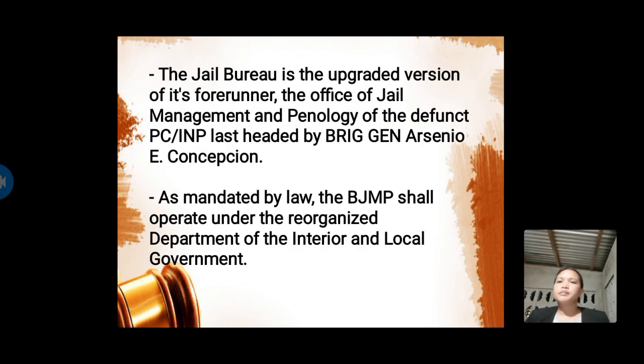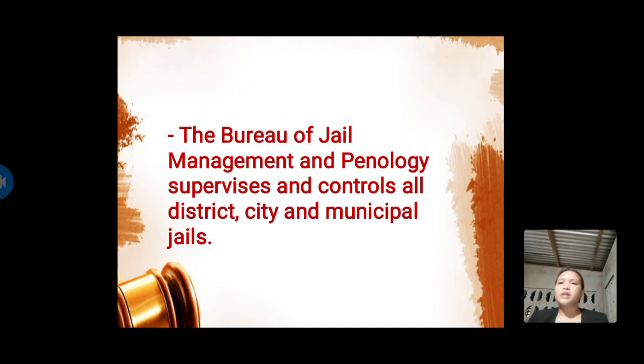The Jail Bureau is an upgraded version of its forerunner, the Office of Jail Management and Penology of the defunct PC-INP, last headed by General Arsenio E. Concepcion. As mandated by law, the BJMP shall operate under the reorganized Department of Interior and Local Government. The BJMP supervises and controls all district, city, and municipal jails.